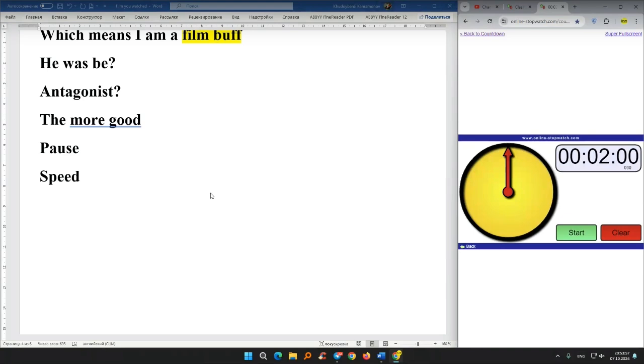And the antagonist was another German sniper, who was excellent at taking his shots, like headshots, like bullseye, and so on and so on.